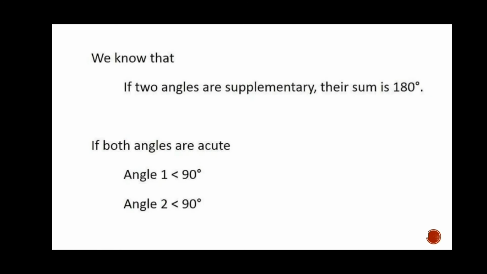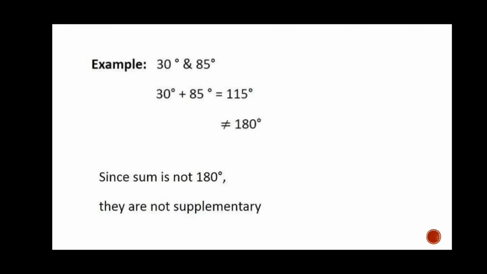We know that if two angles are supplementary, their sum is 180 degree. If both the angles are acute, it means angle 1 is less than 90 degree and angle 2 is also less than 90 degree. For example, let's say angle 1 is 30 degree and angle 2 is 85 degree.